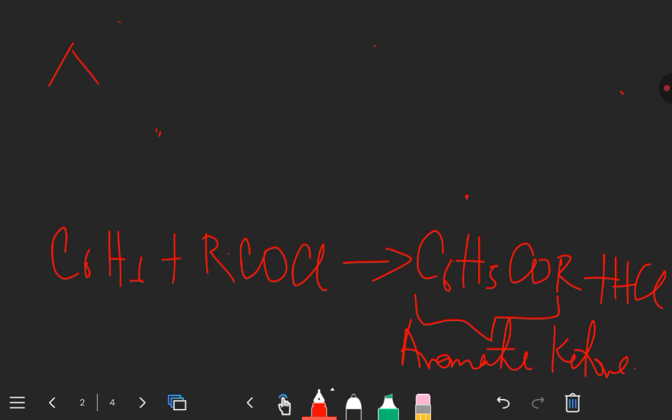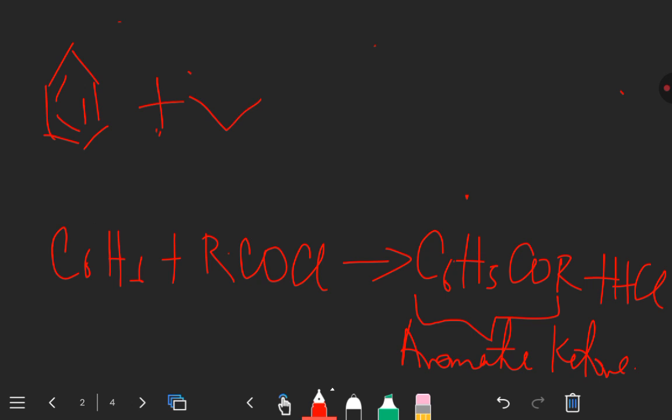We have a benzene ring like that, then it reacts with a certain alkyl group, so let's say it is a methyl, bonded to this carbonyl group, with a chloride there.